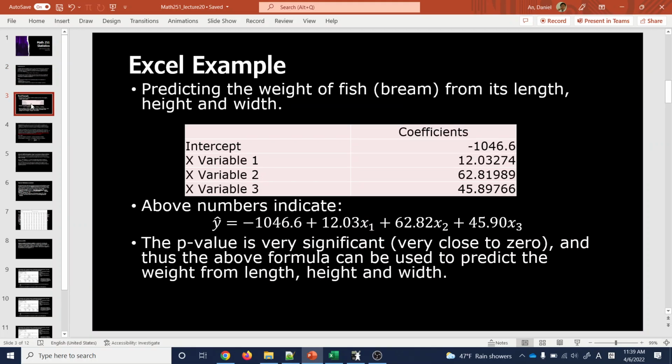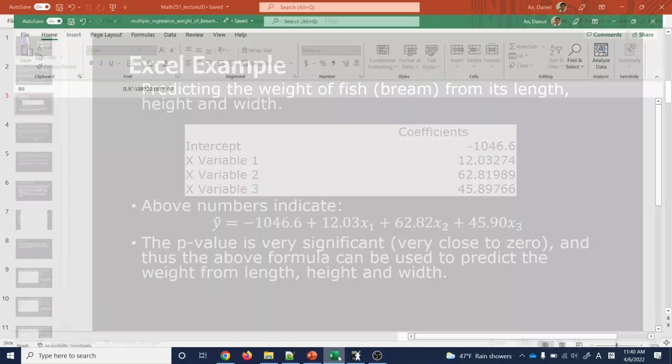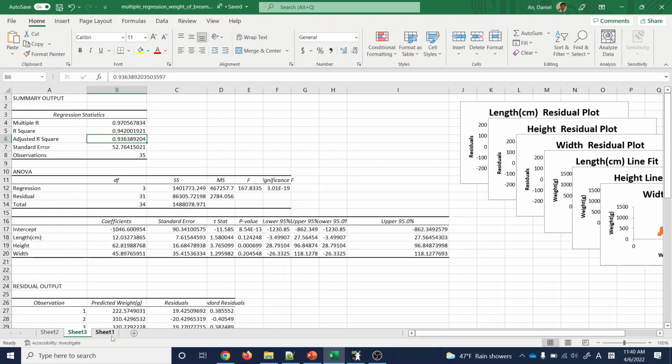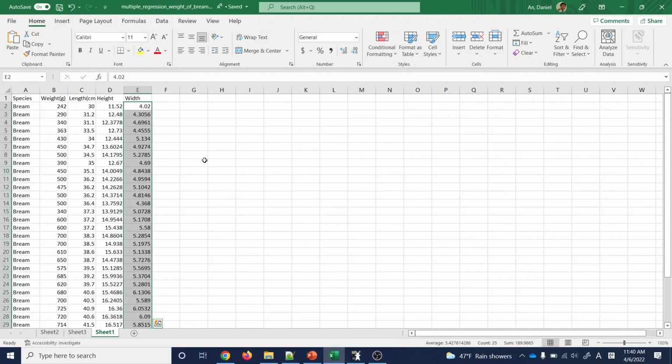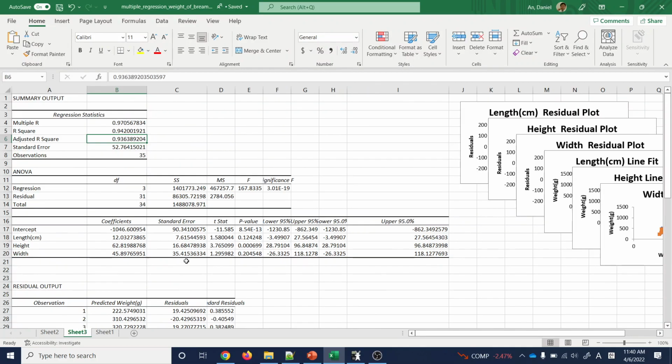I demonstrated it with this data, which had the weight of the fish, and I want to predict the weight using the length, height, and width. The result came out like this, where the adjusted R squared was 0.936.